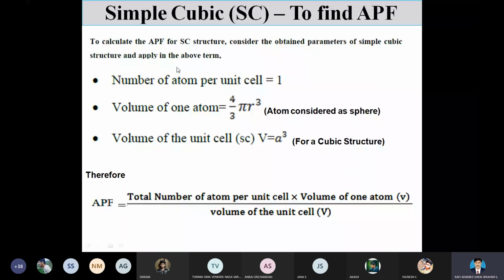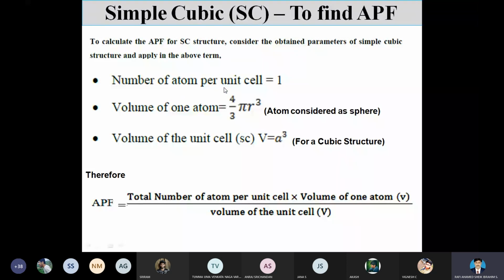To calculate the atomic packing factor for the simple cubic structure, we consider the obtained parameters and apply them in the above formula, APF.